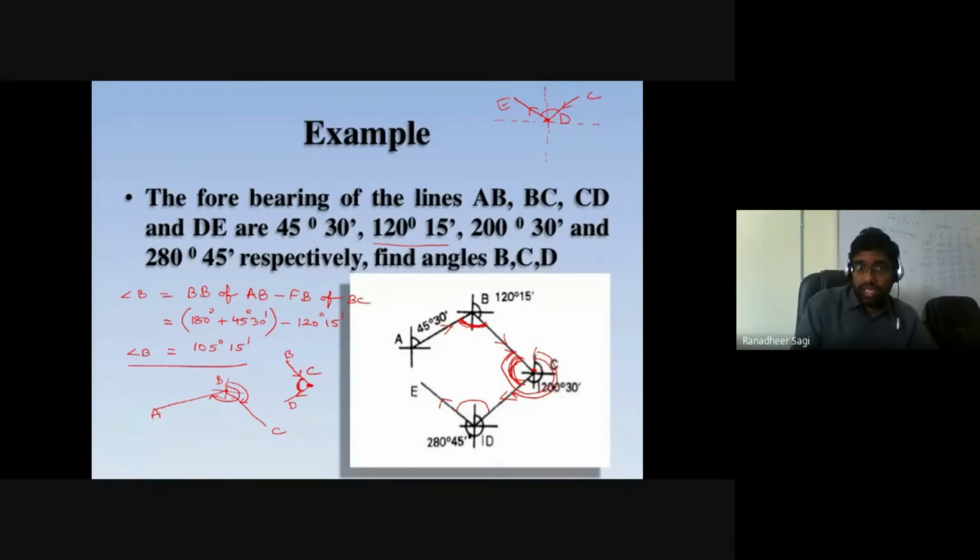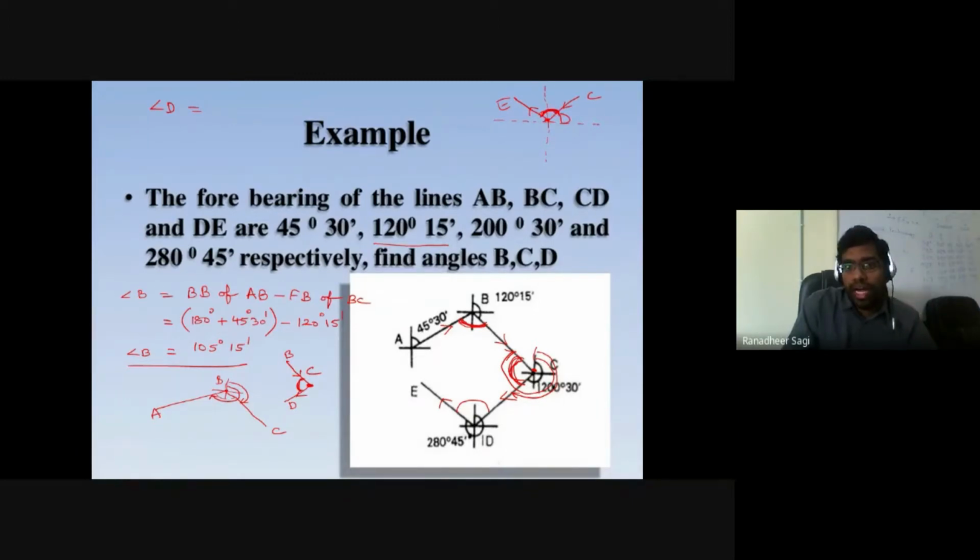Now let's write down what I have here. At station D, if I want to calculate the included angle, I am roughly calculating it here. The fair data is in the next page. If I am required to calculate the interior angle at point D, let's understand what it means. It means this angle.